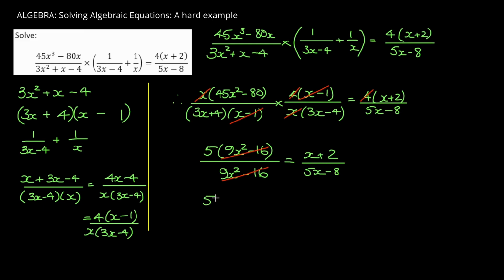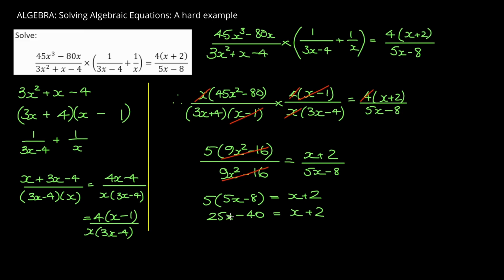So I get 5 times 5x minus 8, and that is equal to x plus 2. Multiplying this bracket out, we get 25x minus 40 is equal to x plus 2.